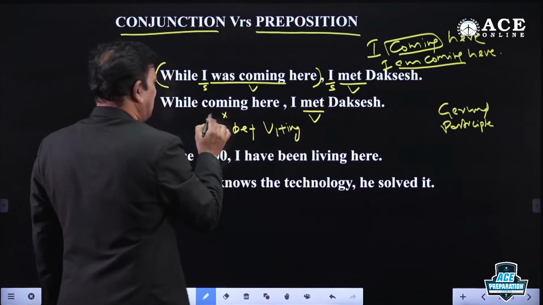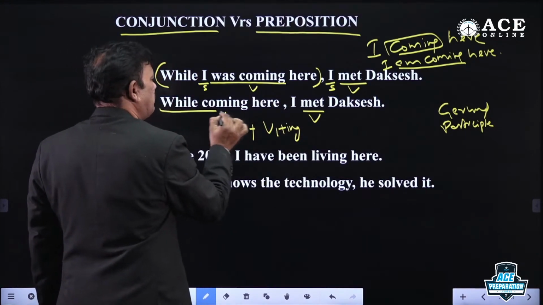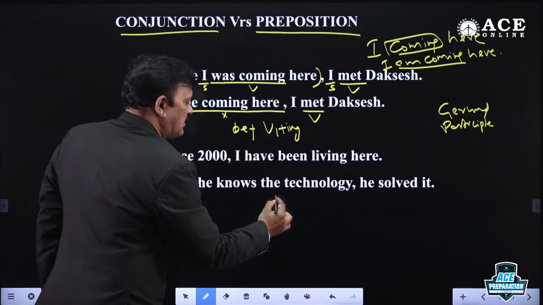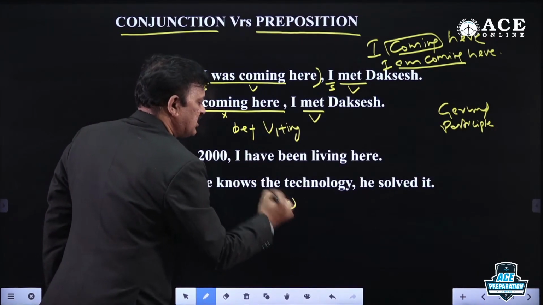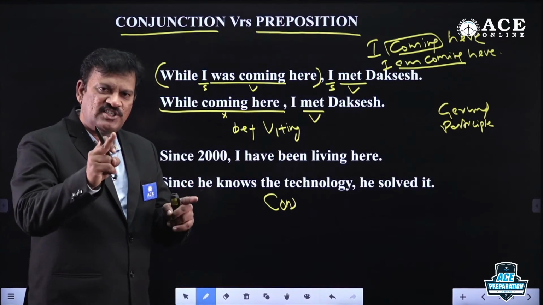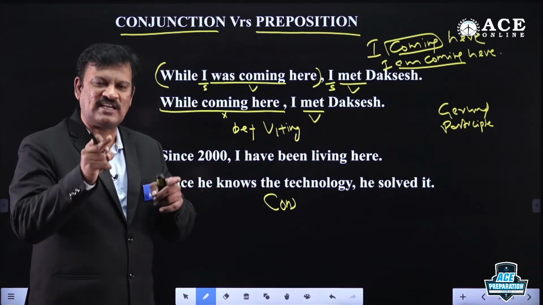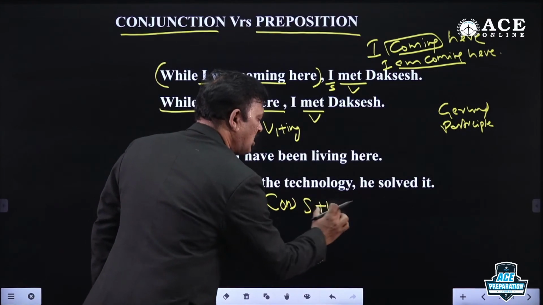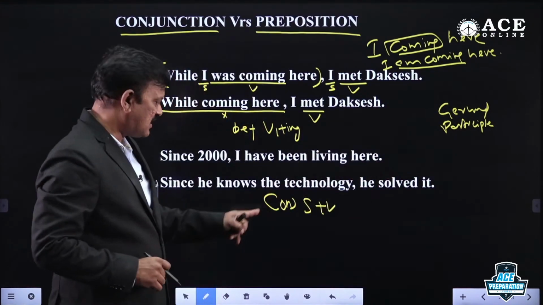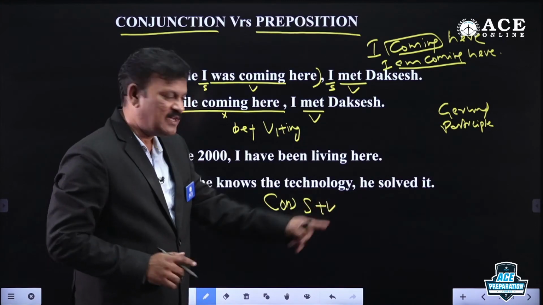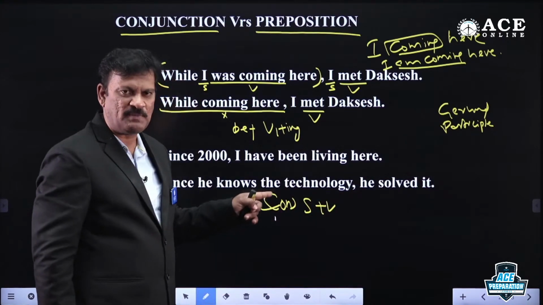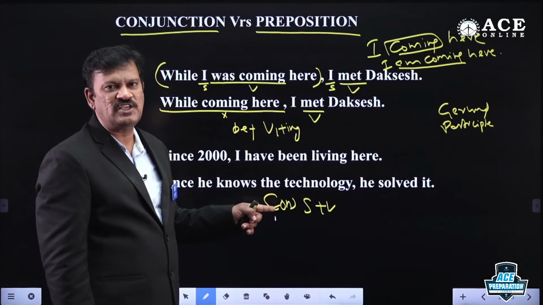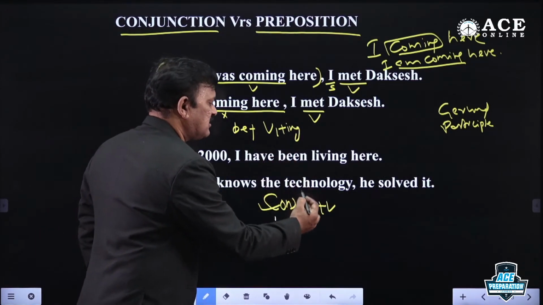Fine. Here, I want you to pay attention to this point. Conjunction. A conjunction is used as a conjunction if I have a subject plus verb combination in a sentence. Conjunction, subject, verb. Then only this word is a conjunction. By birth it's a conjunction. But if you want to find out whether it is used as a conjunction or not, conjunction, subject, verb.